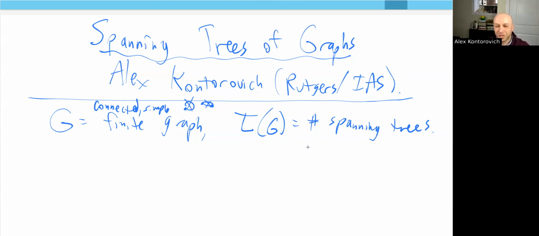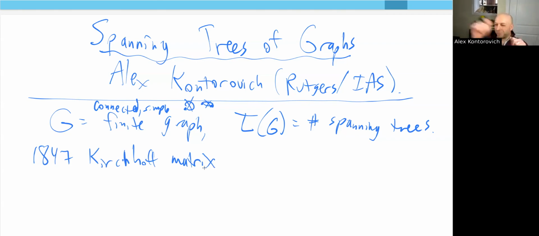And so the number of spanning trees is something that's been studied for a really long time. 1847 is when Kirchhoff proved the matrix tree theorem. He was studying resistance in electrical circuits and needed to know, if you have some complicated electrical circuit, what are all the different paths that electricity could take, and realized that that's the number of spanning trees.